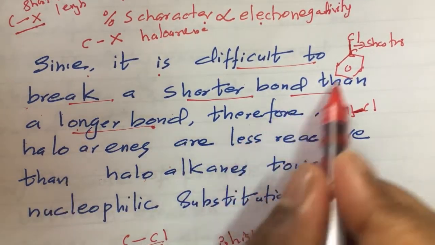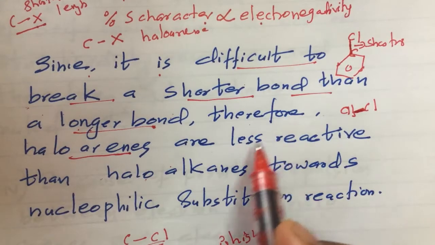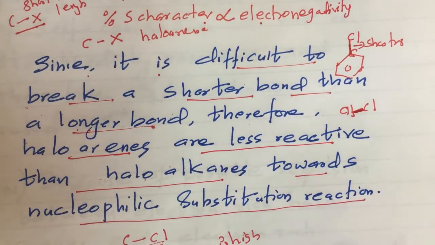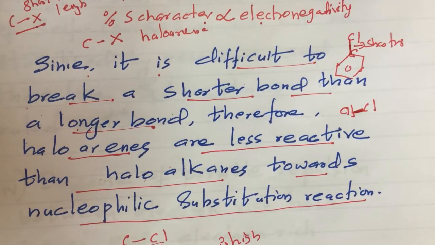Therefore haloarenes are less reactive than haloalkanes towards nucleophilic substitution reaction. Clear? Okay.